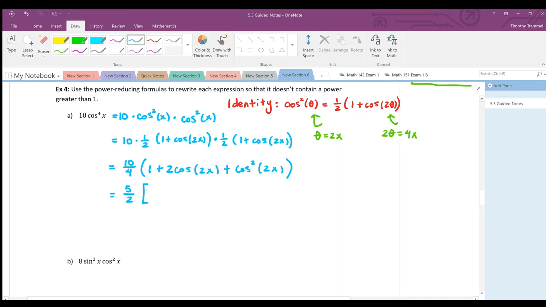We have our 5/2 here, 1 plus 2 cosine of 2x plus, and again, we're going to use that identity, so we're going to have 1/2 times 1 plus cosine of double the angle, which is 4x. And all we have left to do here is distribute this 5/2 through and combine any like terms that we might have.